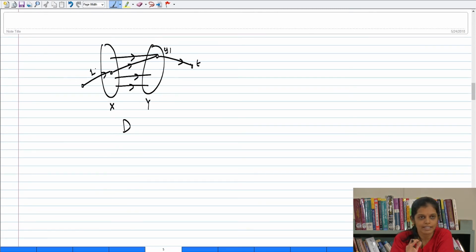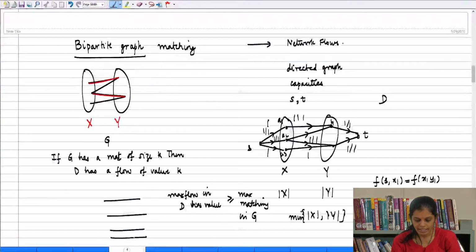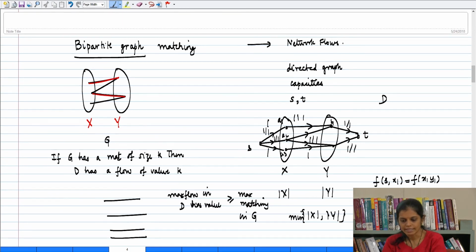And therefore you have exactly computed a matching of the same size as the value of the flow, establishing that these two quantities are indeed equal. That is, the value of the max flow in D is exactly equal to the maximum matching in G, right?